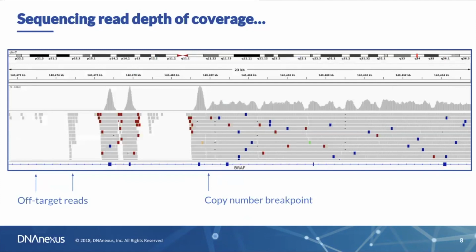Or are they DNA that kind of slipped through during target capture, during hybridization in the lab process? Actually, it's the latter. What you have is effectively very low pass whole genome sequencing on top of your targeted sequencing, and you do hybrid capture. And we can use that information.